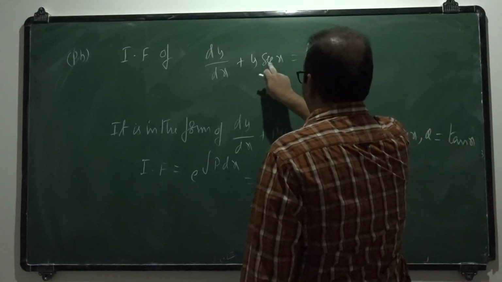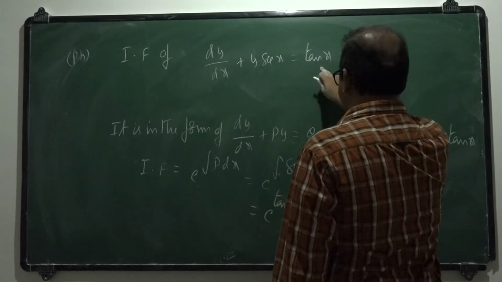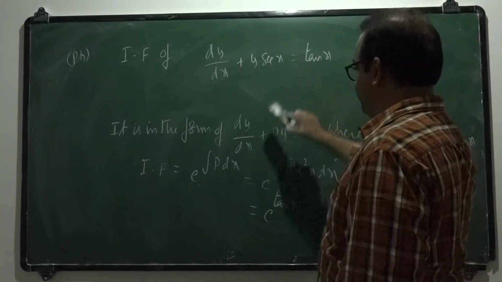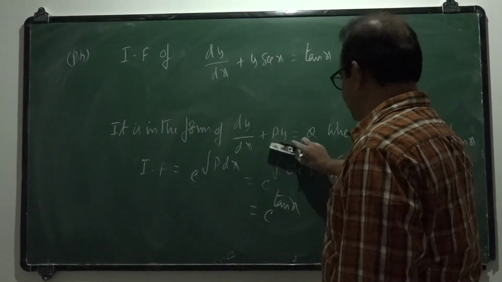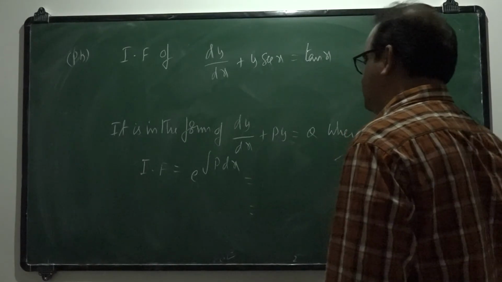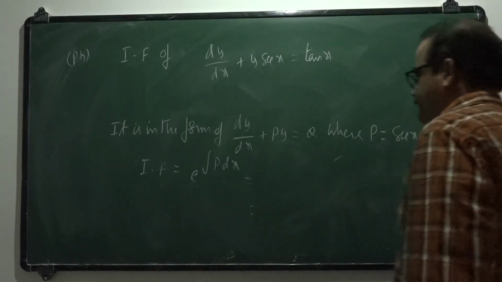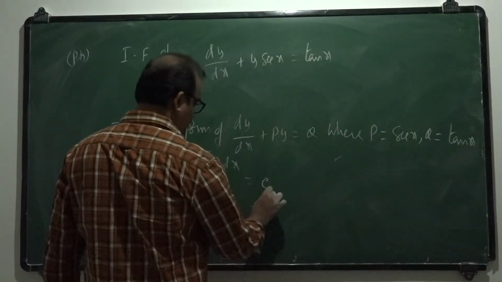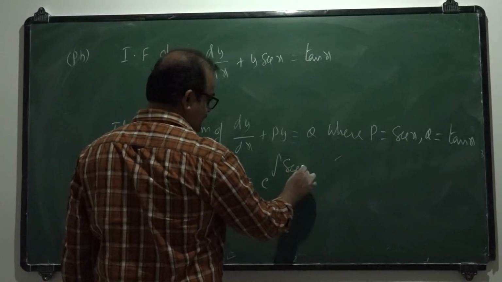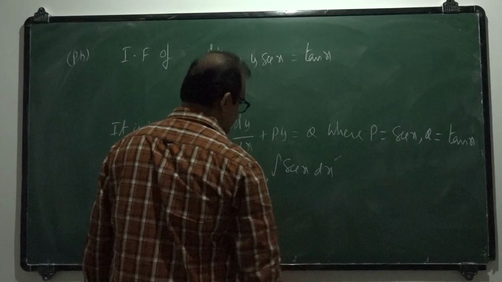Always p is the coefficient of y. Q is RHS. If the given equation is in this form, then that equation is said to be linear equation. Then what is integrating factor? E to the power of integral p into dx. P is secant x into dx.